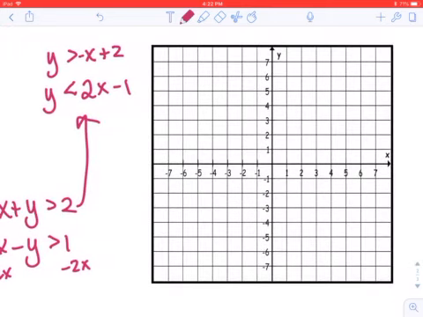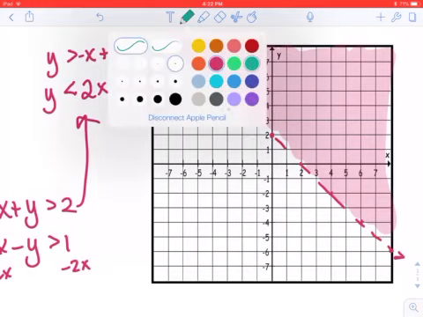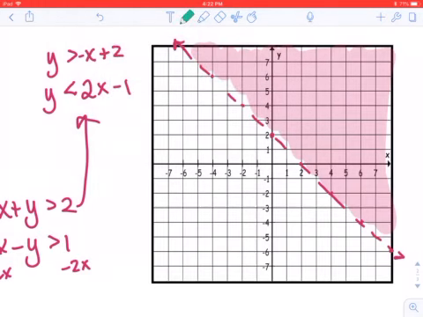All right, so now let's graph them. y is greater than negative x plus 2. Here's my plus 2, slope of negative 1. Have to use a dotted line because it's not equal to. Okay, y is greater than, so I need to shade above the line. Okay, second line, y is less than 2x minus 1.